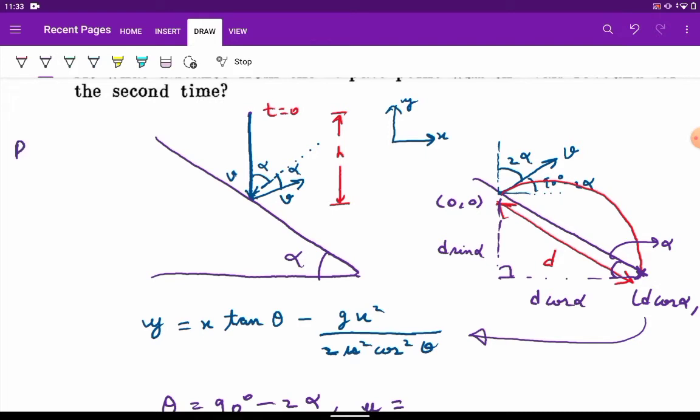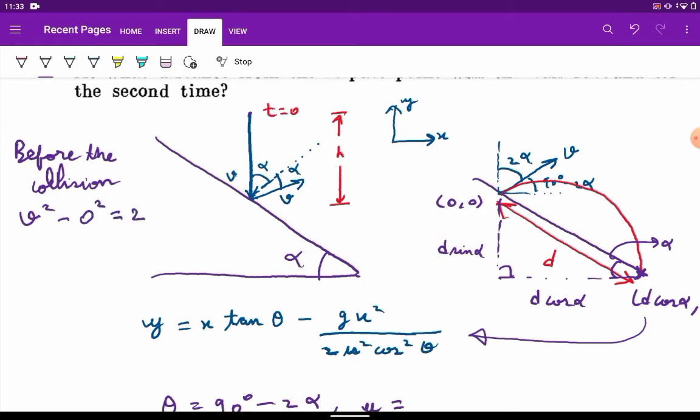So this is a very small calculation. Before the collision, we just consider the y direction, right? Then v square minus u square equals 2as. Initial velocity is 0 at t equal to 0.